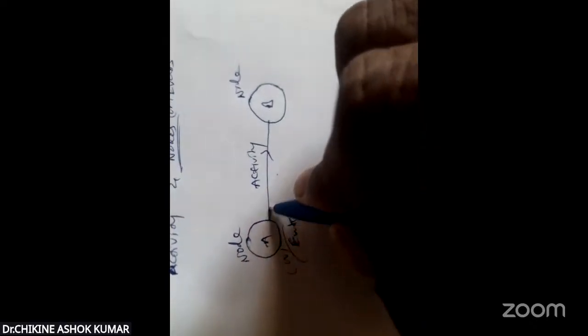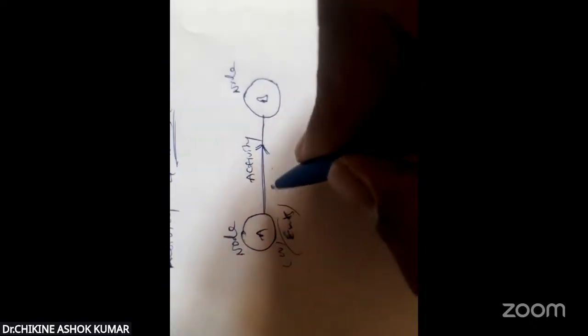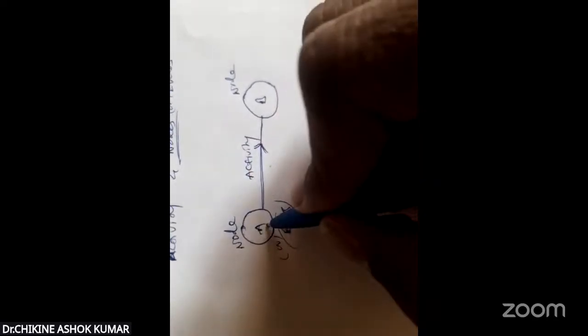A is the starting event and B is the ending event, with the direction A to B. So this is one network. Two circles, nodes or events connected with one arrow mark is called an activity.